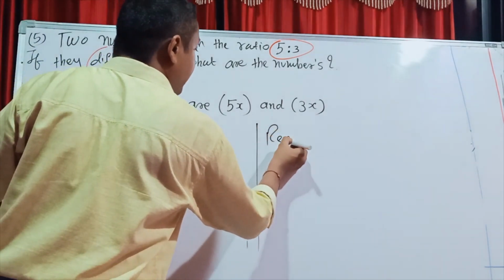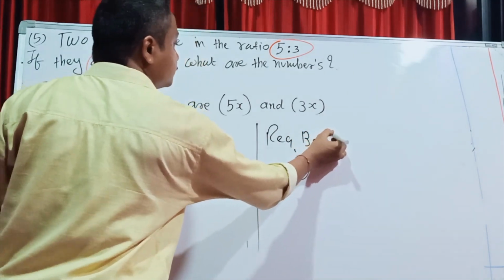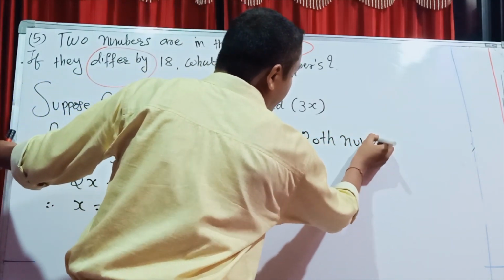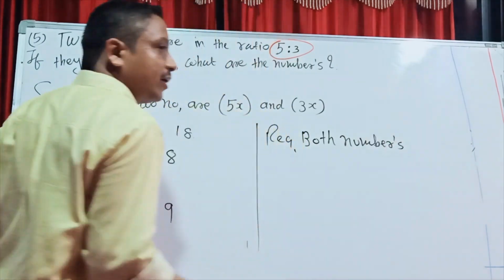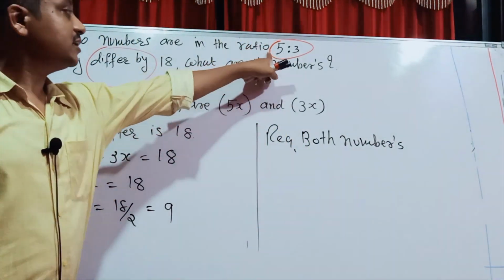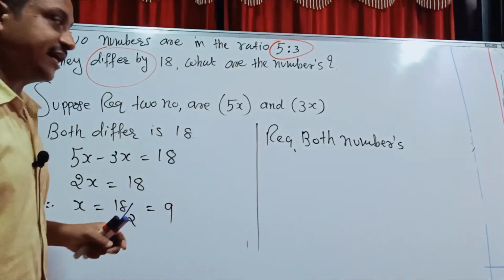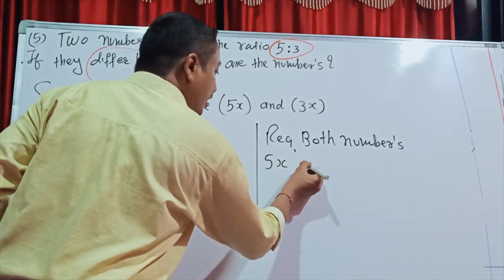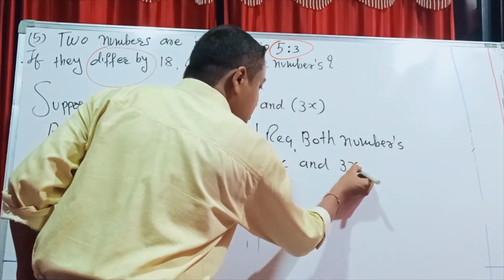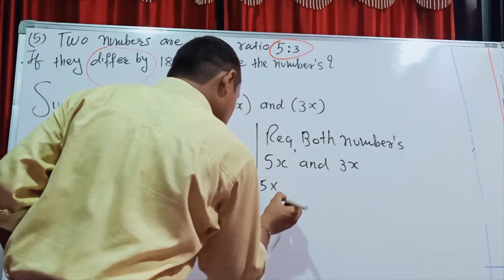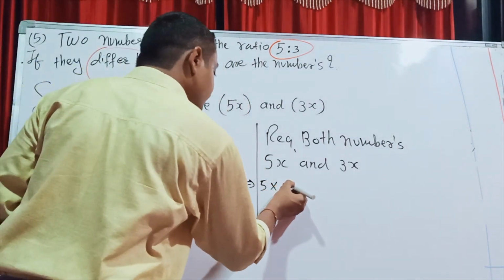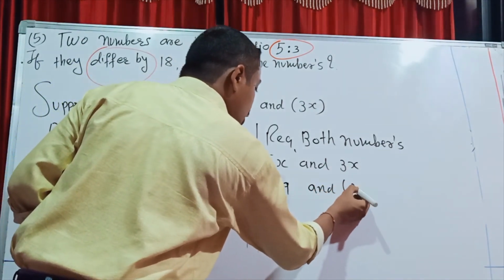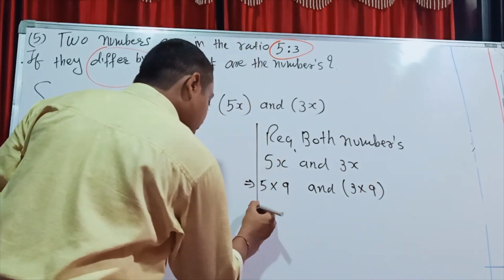Now I finally write the required both numbers. Yes students, required both numbers. What are the numbers? You assumed 5x and 3x. So I just write down 5x and 3x. So put in their value. 5 into what is x? 9, and 3 into 9.